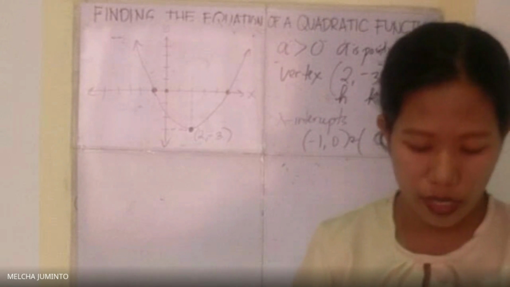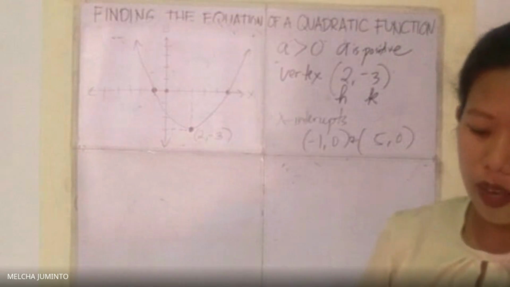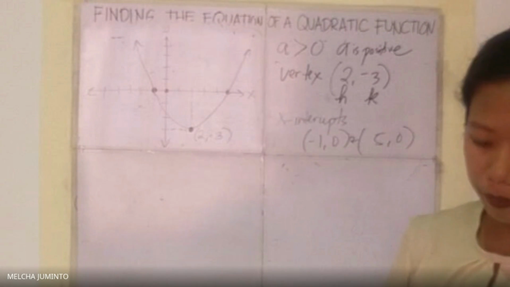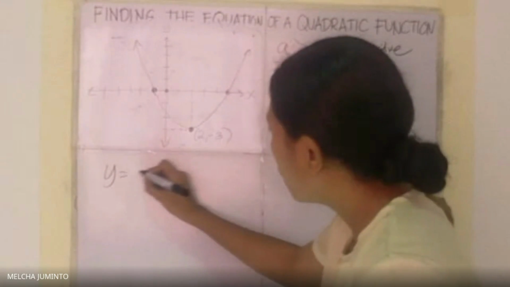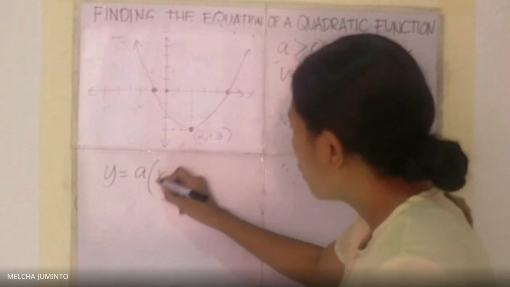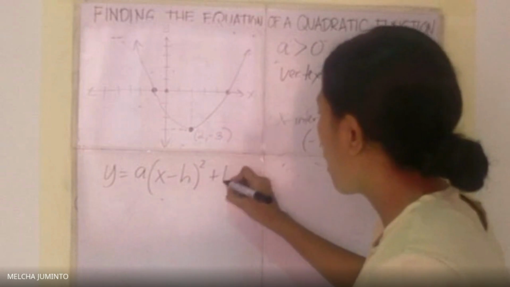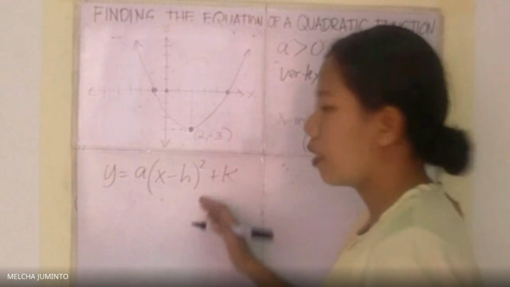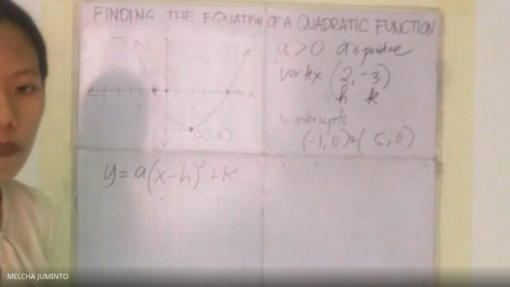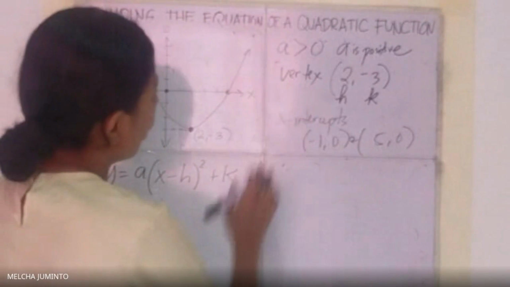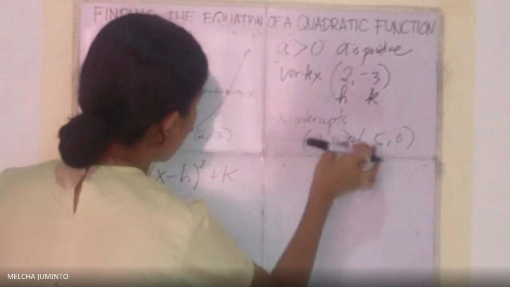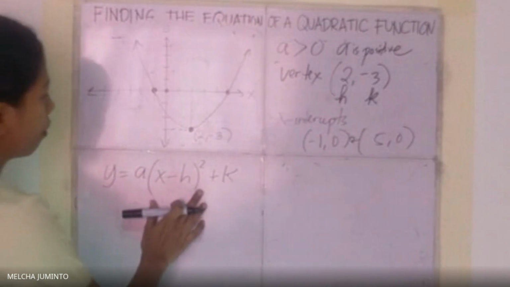These are the x-intercepts, the values for x. So, we can now write the vertex form: y is equal to a times the quantity x minus h squared plus k. This is the vertex form of the quadratic function. Simply replace the vertex values and any of the two x-intercepts in this form.